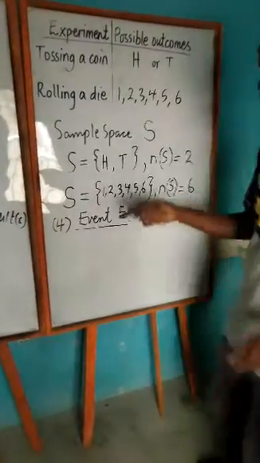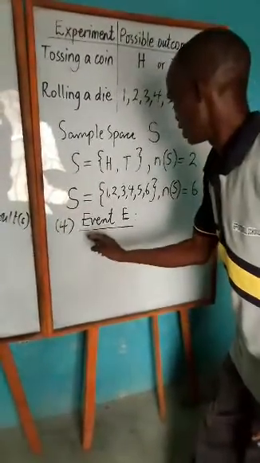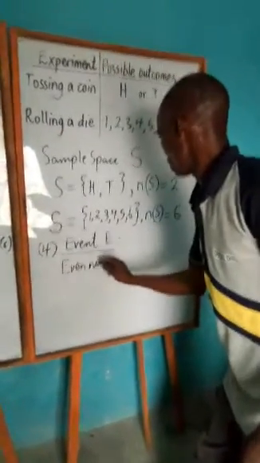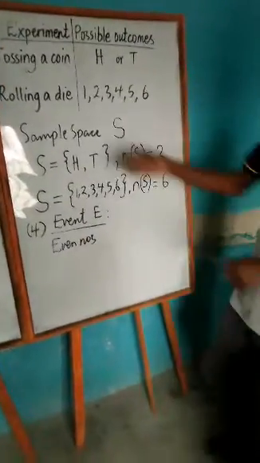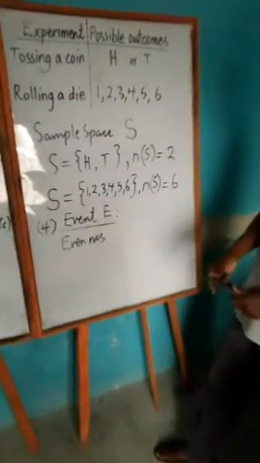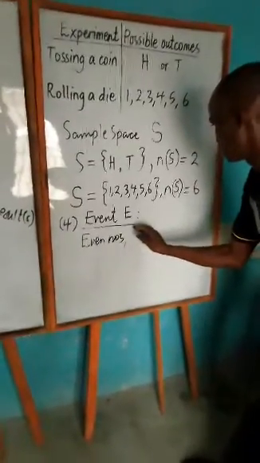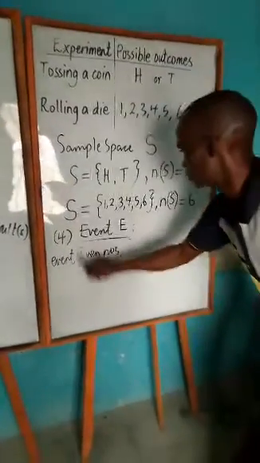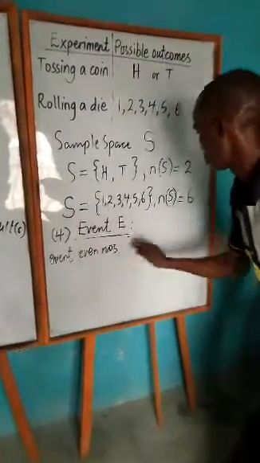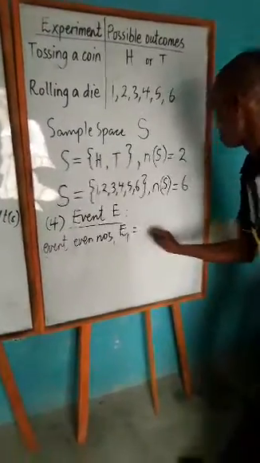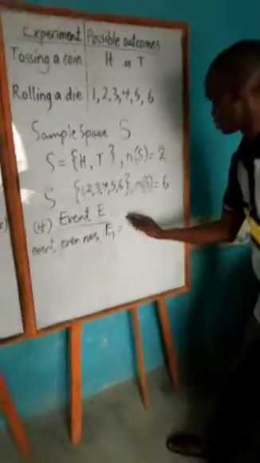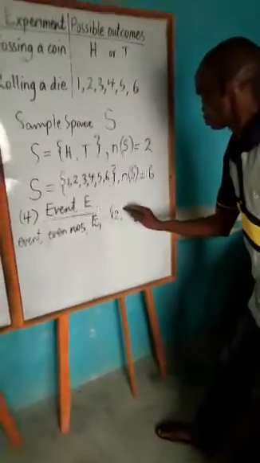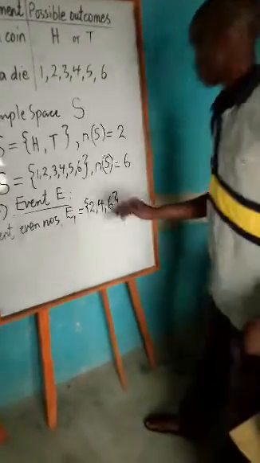For example, if we are interested in the event even numbers from the rolling of a die, I can represent that event with E1. So the even numbers in the sample space for the experiment rolling a die are 2, 4, and 6.